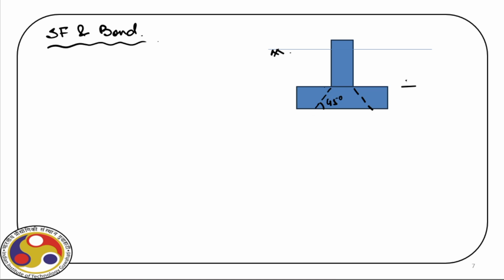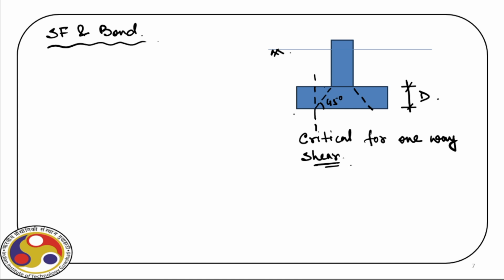So if the depth of the foundation is D, then this section is critical for one-way shear.